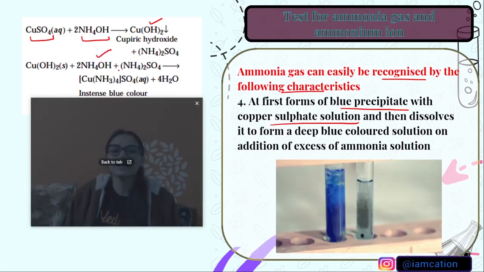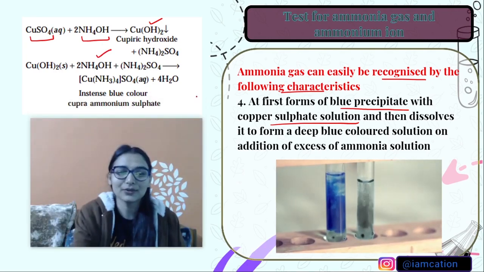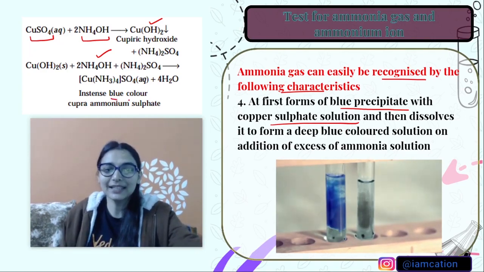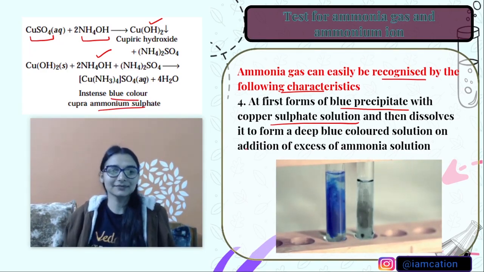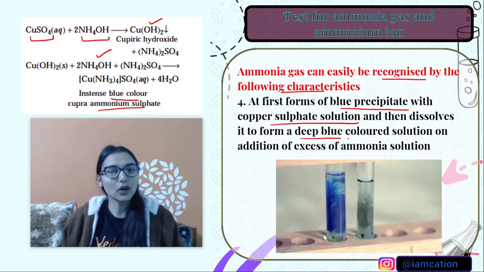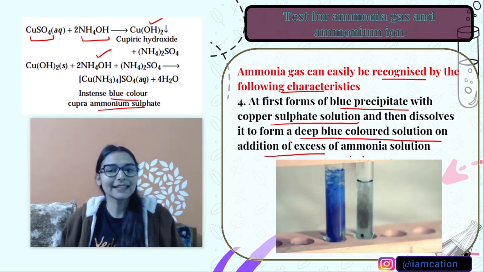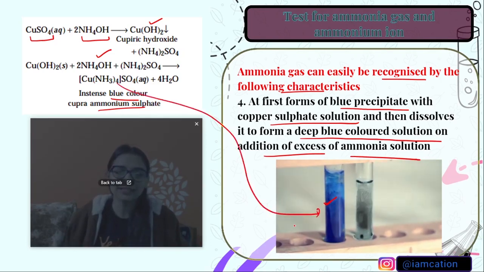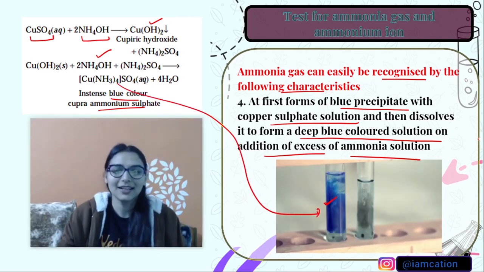When you take excess ammonium hydroxide, then we would also be getting a complex. You can see over here it forms a deep, intense blue color. The complex is formed, so it dissolves to form a deep blue colored solution on adding excess ammonia solution. You can do it, easy. This is that deep color we are talking about because of the complex formation.